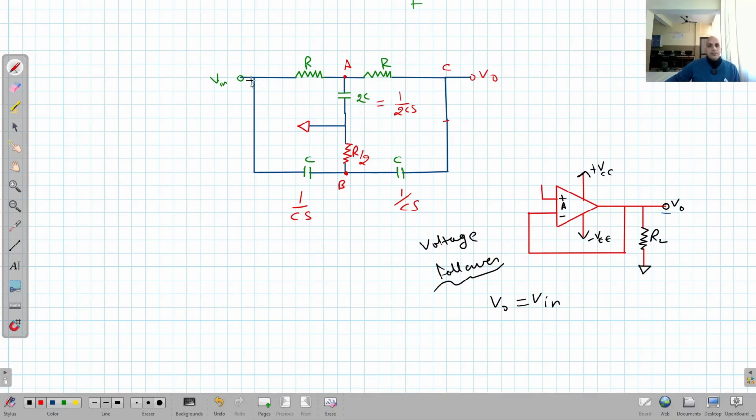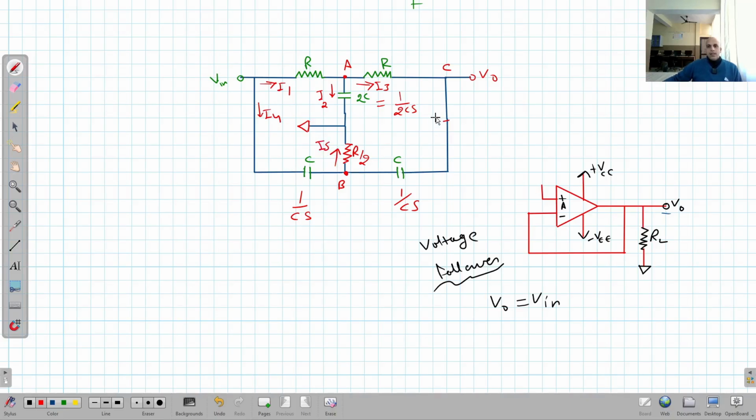Now look at the various currents flowing in this circuit. Let I1 flow toward this side. Then the current going toward this side is I2, going toward this side is I3, this current going toward this side is I4, then the current entering here is I5.